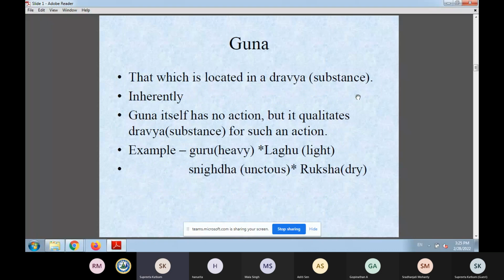Next, coming to the guna. See, guna is located in a particular dravya. As we are talking about all these rasa panchakas in one particular substance, one particular substance will have rasa and also its guna.